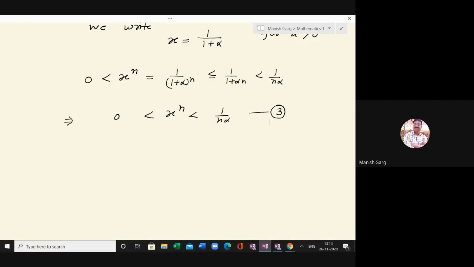Here, we know that 1 upon n converges to 0, and alpha is a real number. So by the third property of the limit theorem, 1 upon n alpha also converges to 0.